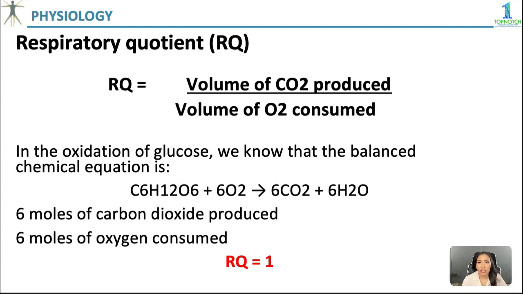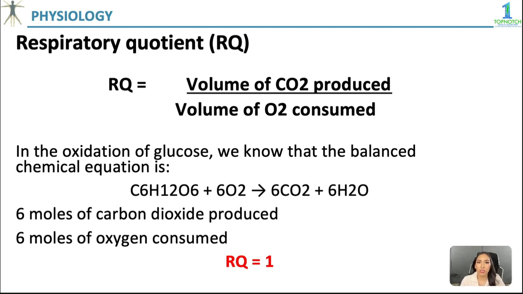So, babalik tayo sa basic chemistry. In the oxidation of glucose, we know that the balanced chemical equation is C6H12O6 plus 6 O2 equals 6 CO2 and 6 H2O. So, based on that equation, meron kang 6 moles of carbon dioxide produced and you used 6 moles of oxygen.